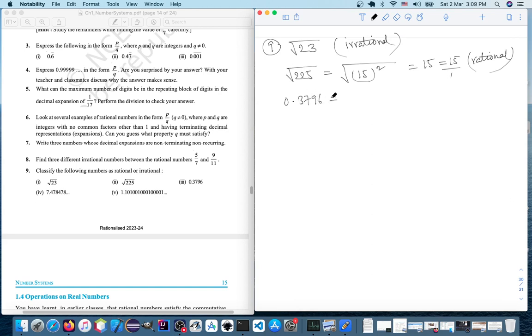We know that any terminating decimal expansion is always a rational number. So this can always be written as 1 2 3 4. So this is rational.